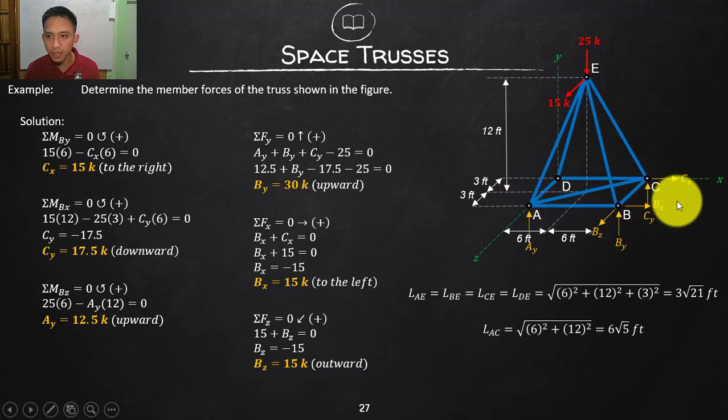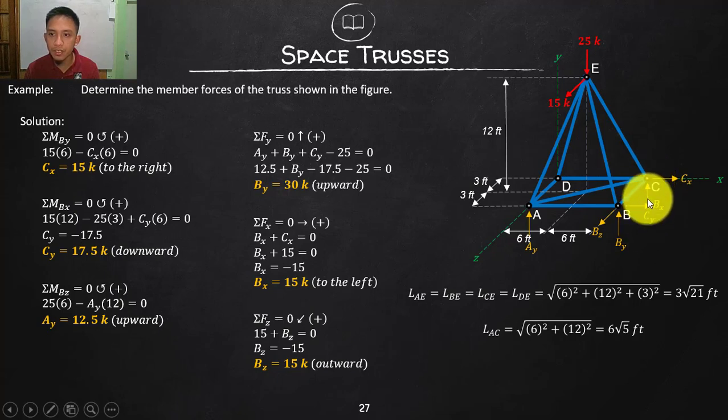The forces intersecting that axis, including at A, have no moment either. So the only unknown is your CY.